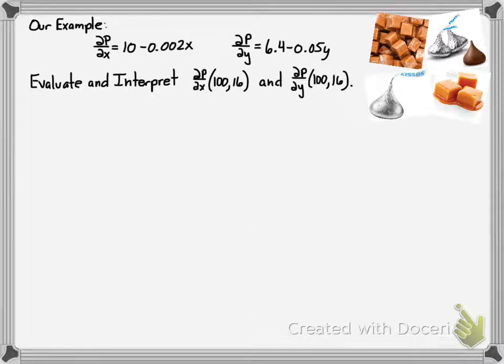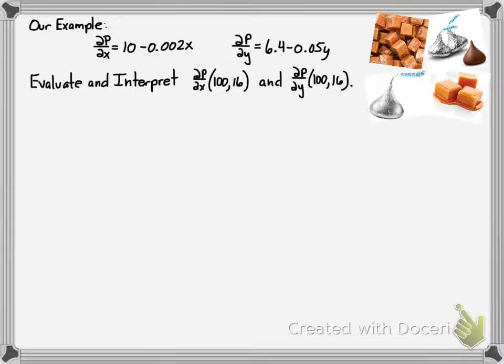Now we're being asked to evaluate and interpret dp over dx of (100, 16) and dp over dy of (100, 16). In other words, marginal profit with respect to x evaluated when x equals 100 and y equals 16, and the marginal profit with respect to y when x equals 100 and y equals 16.